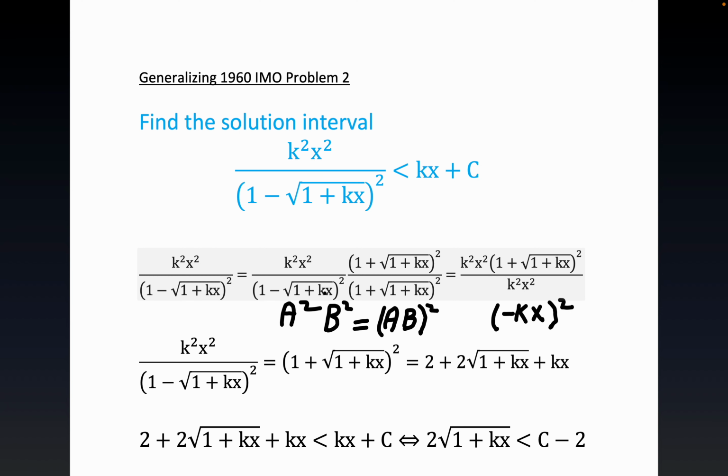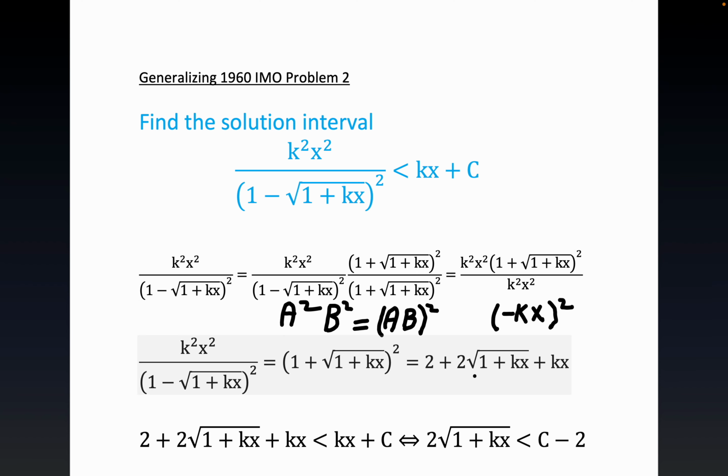You're left with a minus kx quantity squared when you do a minus b times a plus b. Okay, folks? And of course, this squared is the k squared x squared that you see right there. Now, a nice thing happens there. This is going to cancel out on us. And so we get that this is just equal to this. The k squared x squared terms just canceled out nicely.